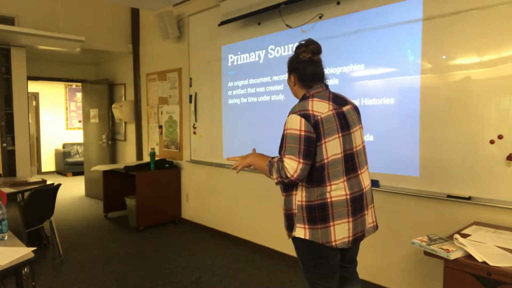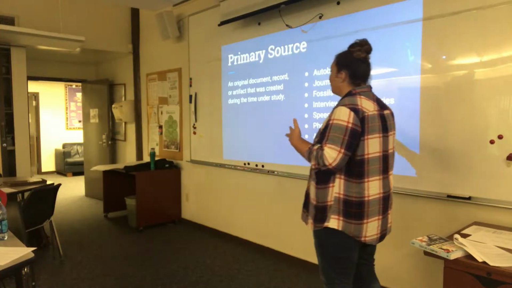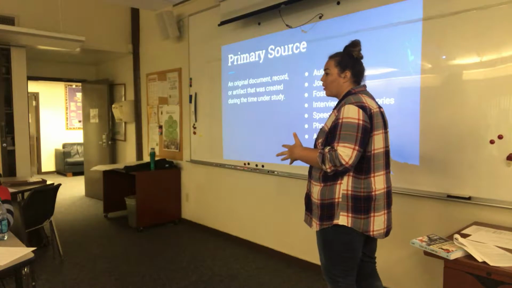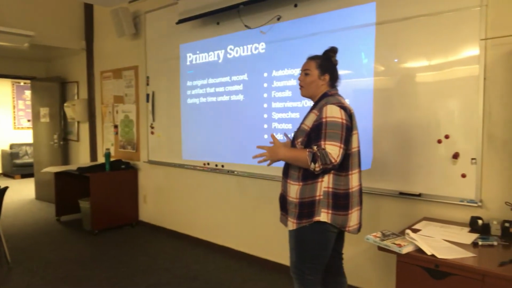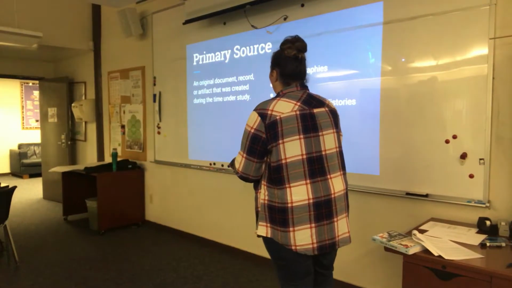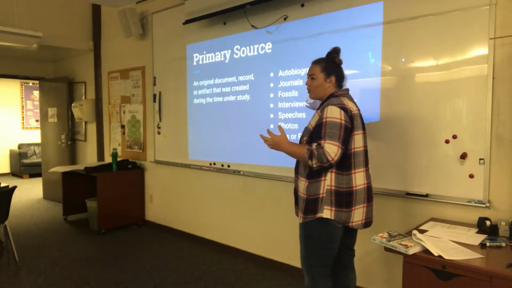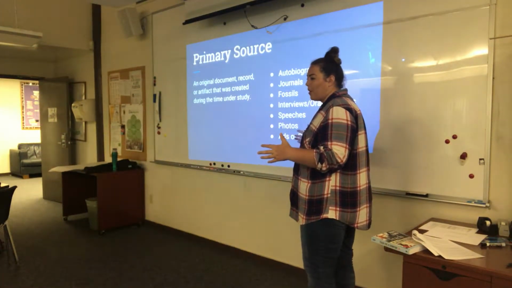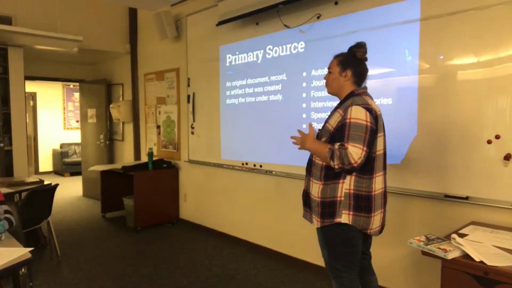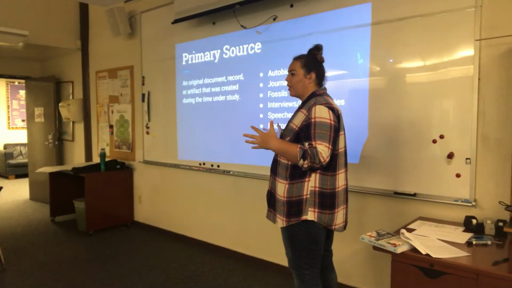For example, the Diary of Anne Frank would be a primary source because she wrote about what was happening during the Holocaust. Dinosaurs in museums are primary sources because they show artifacts of what the time period was like.